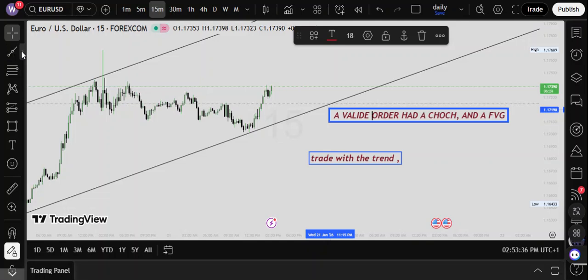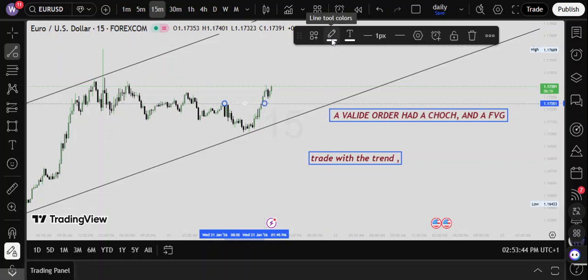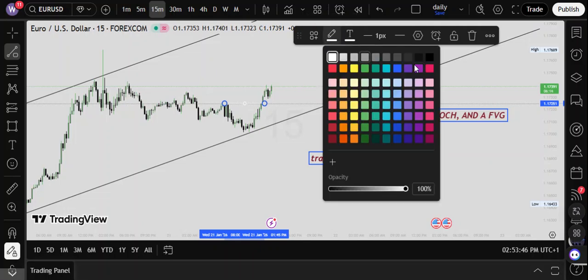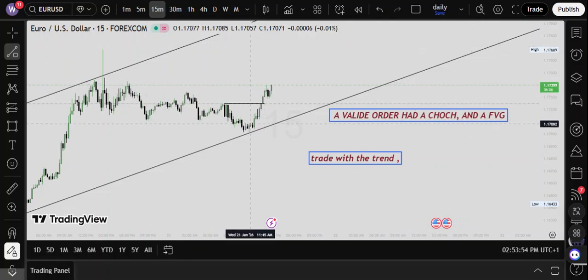As you can see right here, you have a change in character, that is your CHoCH. Let me change the color to black, which is this, right? So you have your CHoCH already. This has now given us a valid order block area.